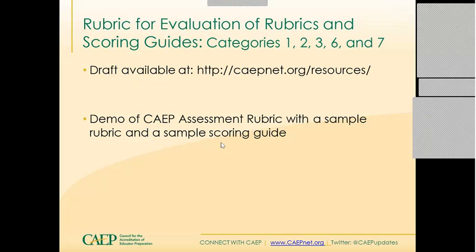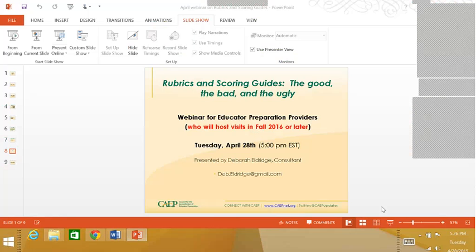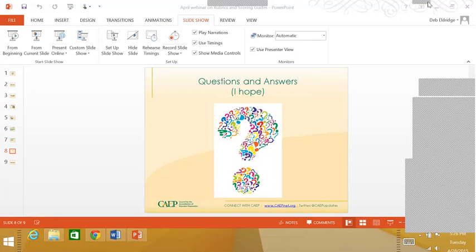And what we'll be talking about today are categories 1, 2, 3, 6, and 7 of that scoring guide. And I have a number of documents over here in the corner. Let me go back to previous and end slideshow here for just a minute, and diminish it so that I can share some other good things with you.